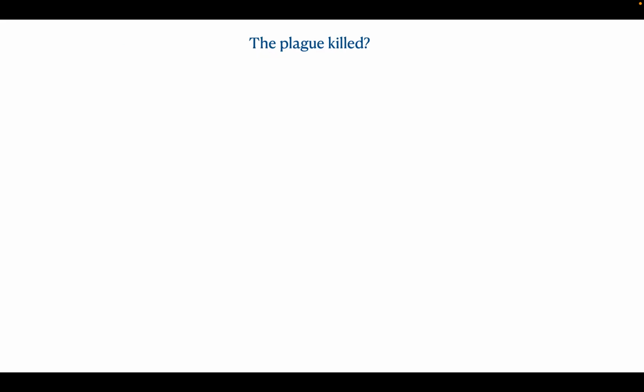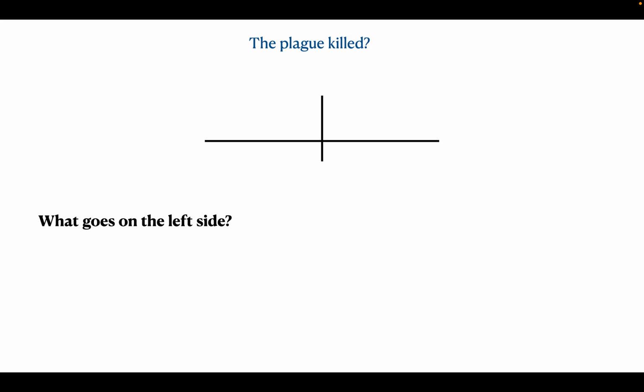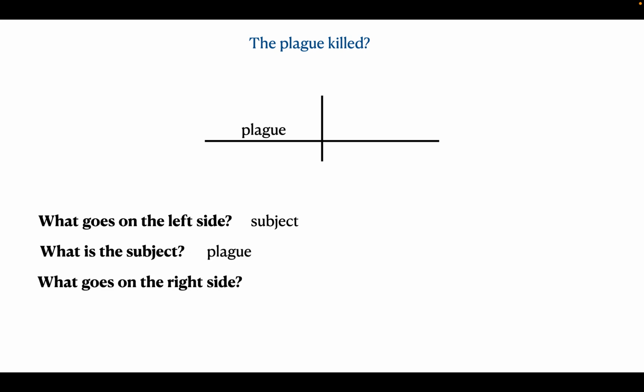So the plague killed. So we have our horizontal and our vertical line. And what goes on the left side? That's right, subject. And what is the subject? Plague. And what goes on the right side? Our predicate or verb. And what is the verb? Killed. Okay?